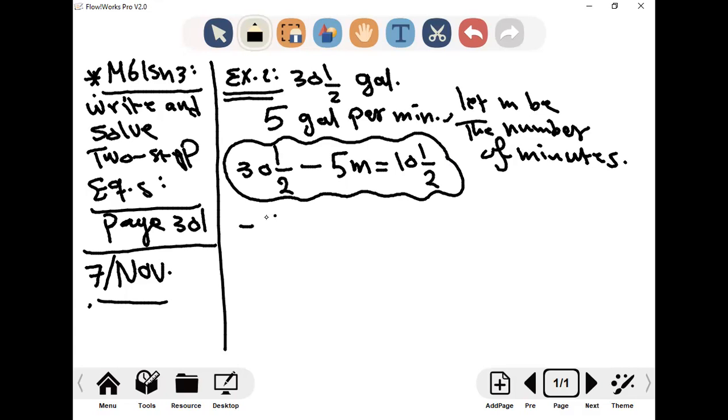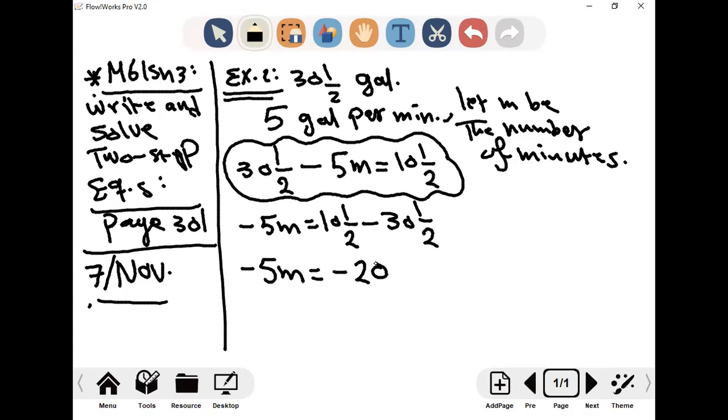It will be -5m equals 10.5 minus 30.5, right? So -5m equals 10.5 minus 30.5, which is -20, right?